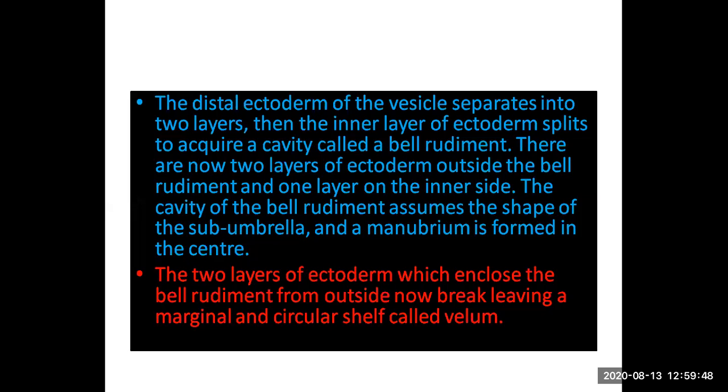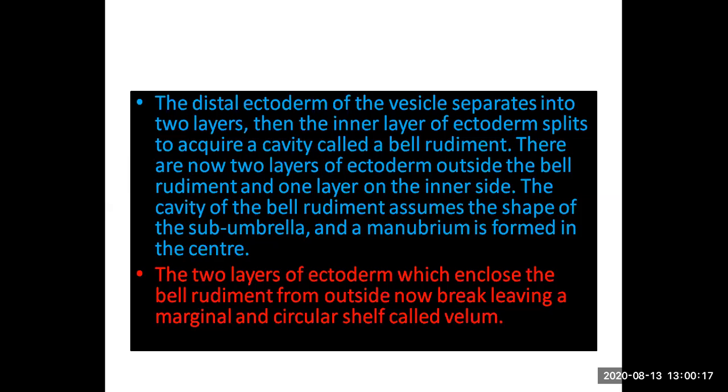The ectoderm of the vesicle separates into two layers. Then the inner layer of ectoderm splits and acquires a cavity called the bell rudiment. There are now two layers of ectoderm outside the bell rudiment and one layer on the inner side.